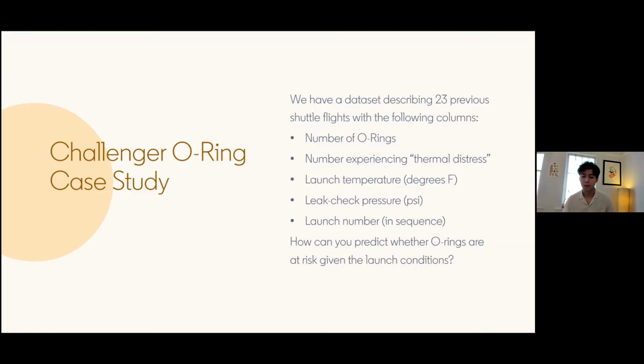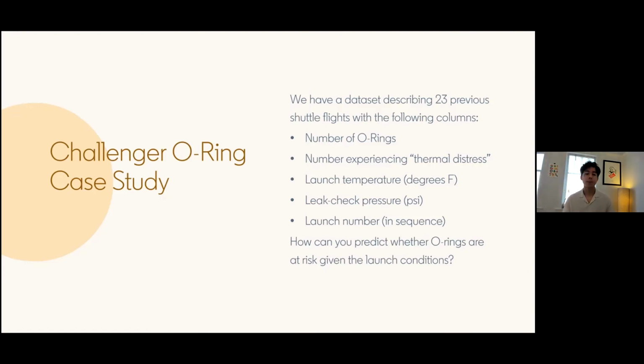The failure involved these faulty O-rings, which is a part of the space shuttle. And it turns out that there was actually data available at the time of the launch that should have allowed the key decision makers to realize that this particular shuttle flight was at risk of experiencing some kind of catastrophic failure.